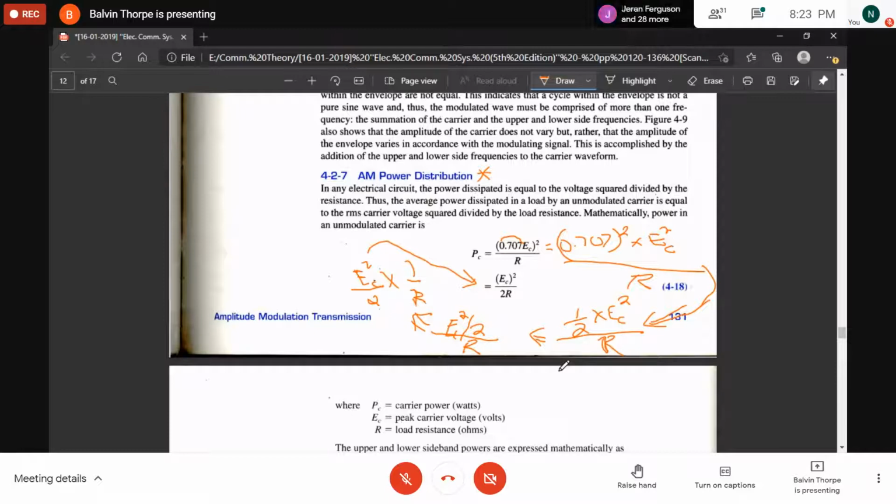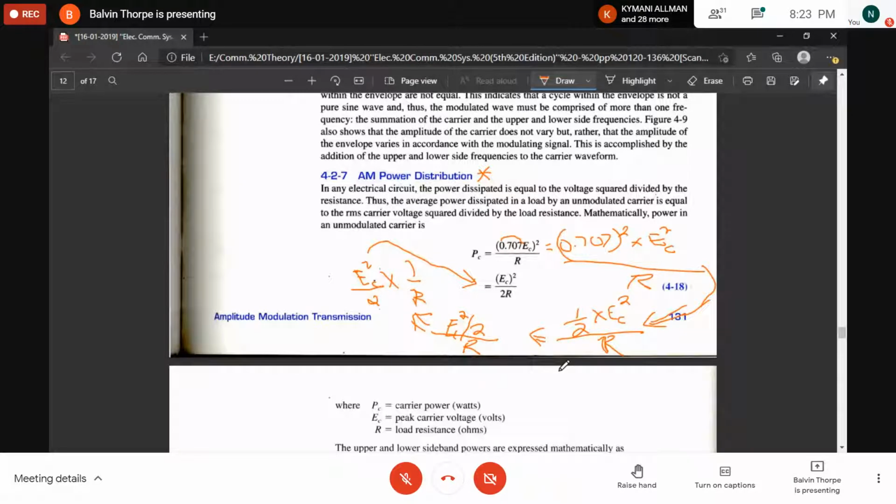All right, EC squared over 2R is the power for the carrier. Remember, you have three components to the AM wave.